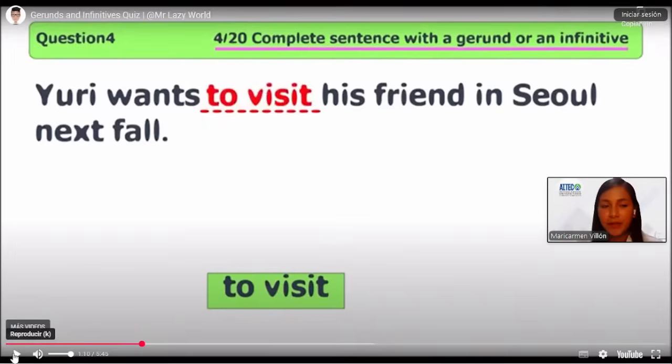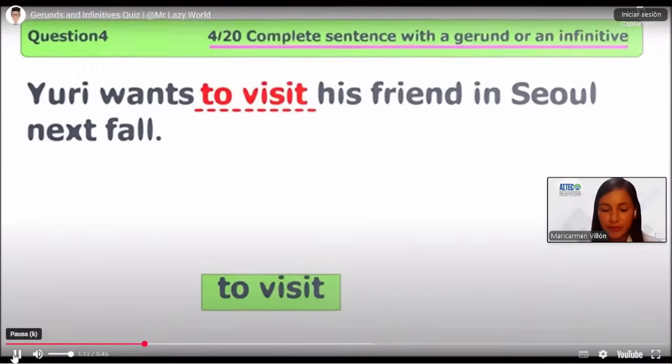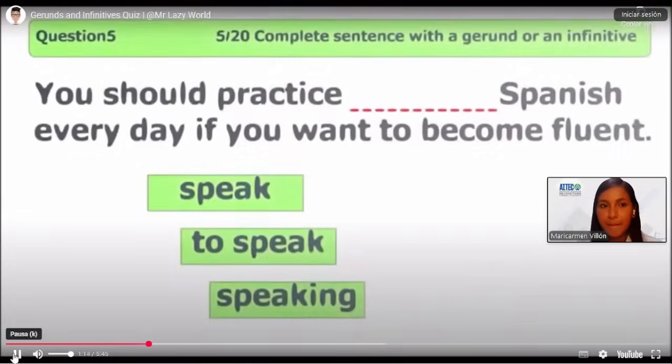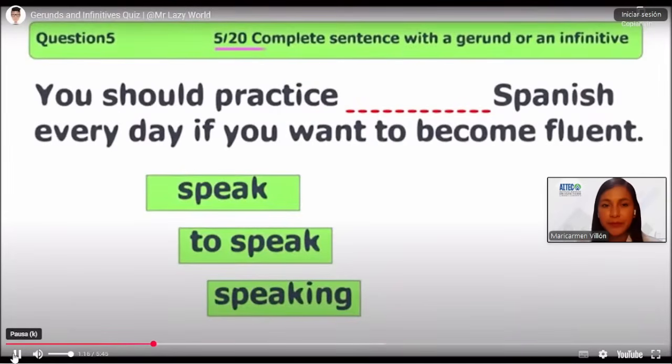Future, infinitives. What do you think it is?